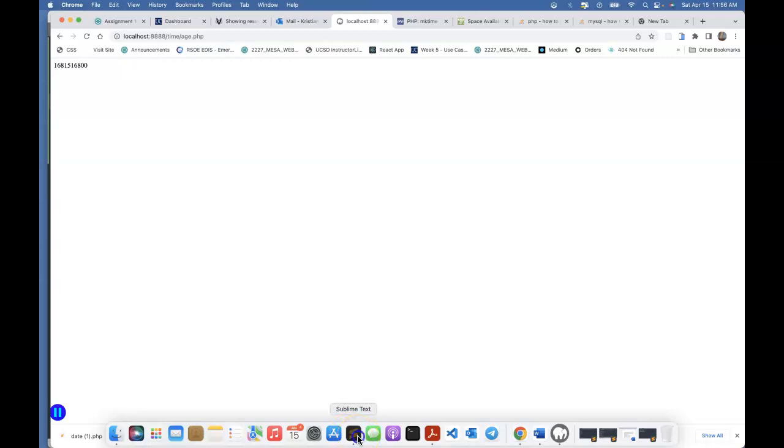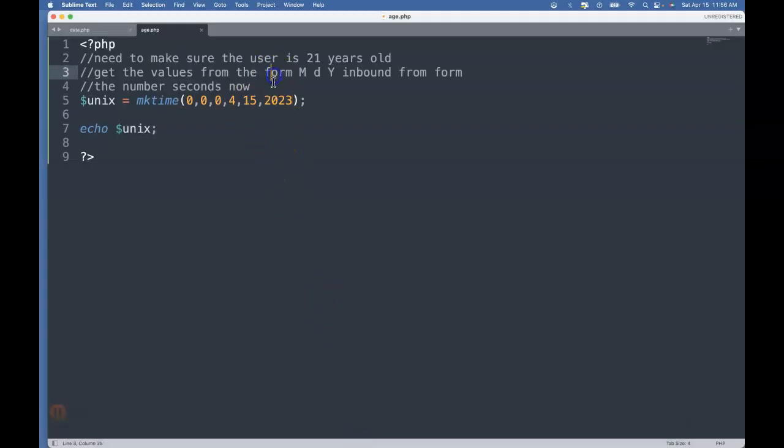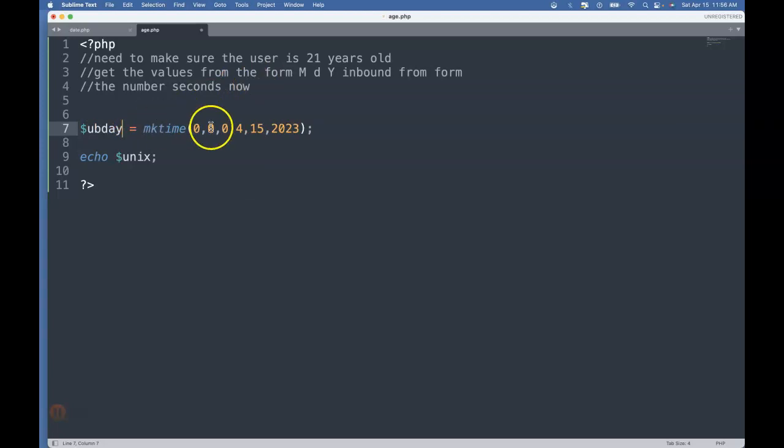So we need to figure out what the user's birthday is, right? So let's say I did ubday and then we did month, scalar day, scalar year. Now these would come from the user's entries in the form, and you know how to get form data at this point.